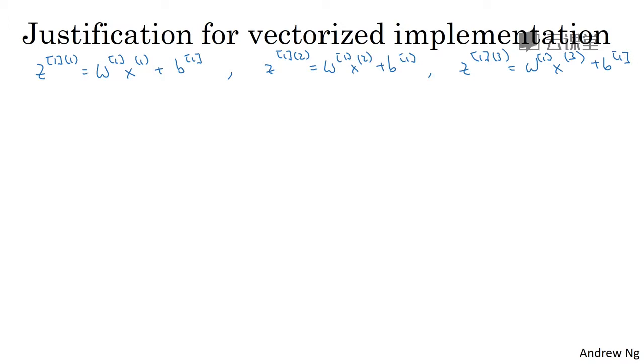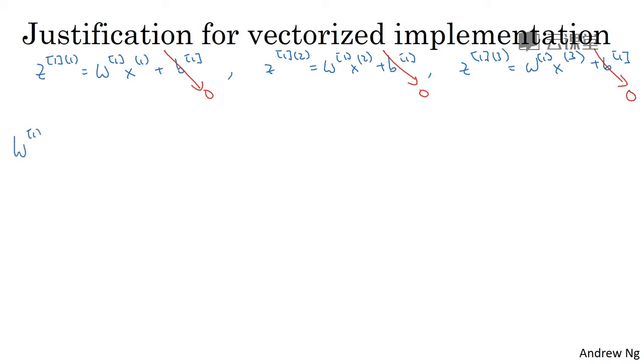So just to simplify the explanation on this slide, I'm going to ignore b. So let's just say, to simplify this justification a little bit, that b is equal to 0. But the argument I'm going to lay out will work with just a little bit of a change, even when b is non-zero. But this is just to simplify the description on this slide a bit.